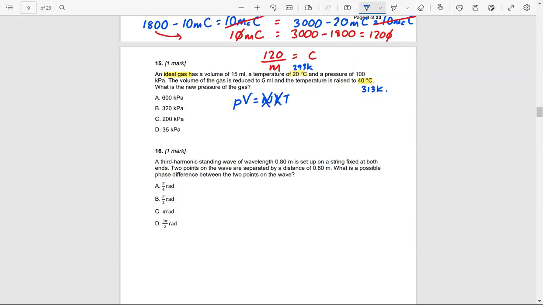So let me plug in a few numbers. An ideal gas has a volume of 15, a temperature of 293, and a pressure of 100. The volume of the gas is reduced to 5.